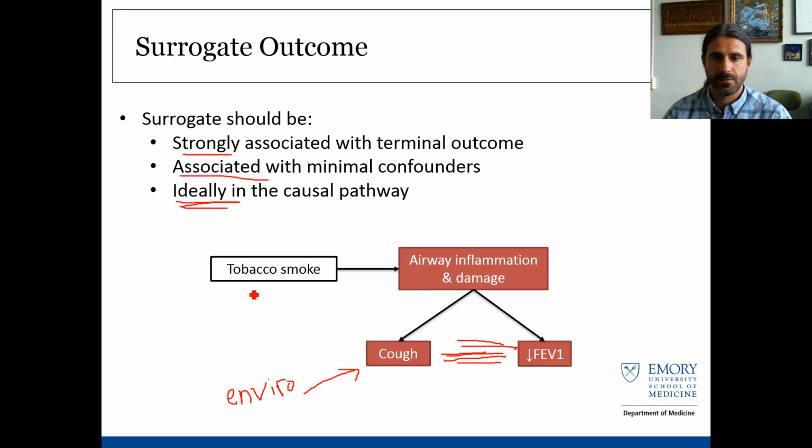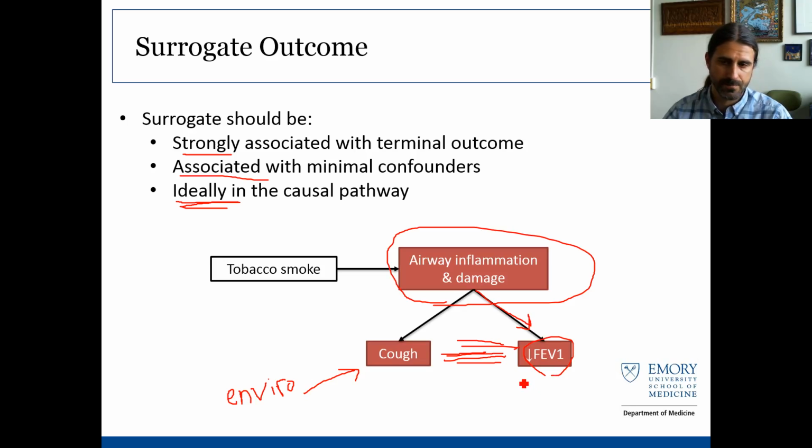In this framework that I've drawn here, airway inflammation and damage is a necessary precursor to a decrement in FEV1 or lung function, whereas cough is not inside the causal pathway, it is just simply associated with decline in lung function.